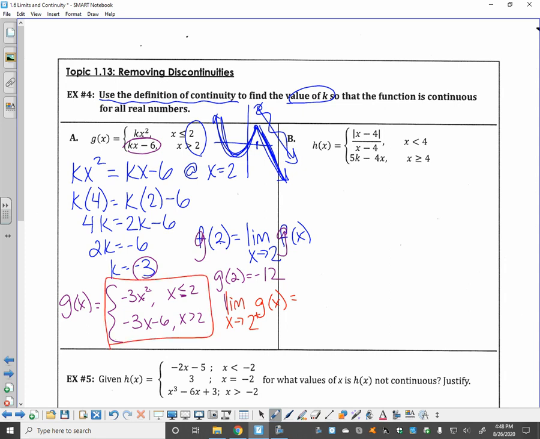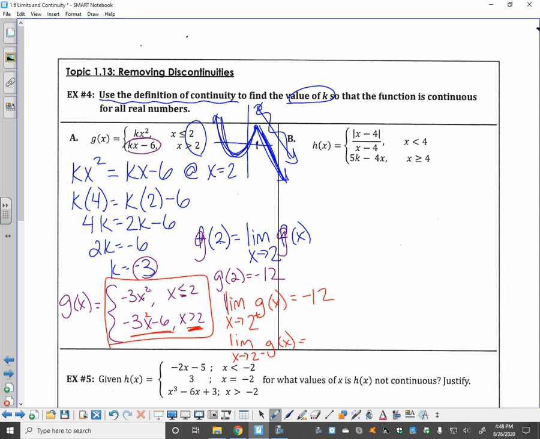From the right, I would be this one. So I'm going to plug a 2 into this one. And if I plug a 2 in there, that's -6 minus 6, that's -12. Ooh, that's good.